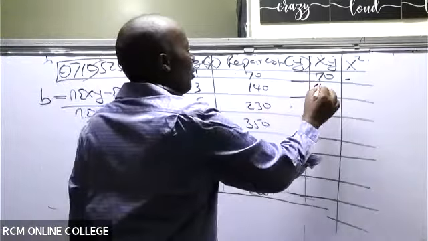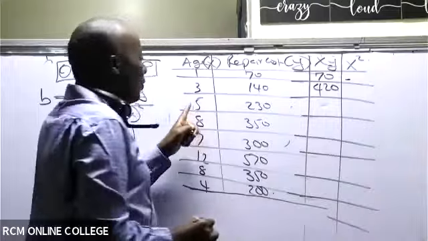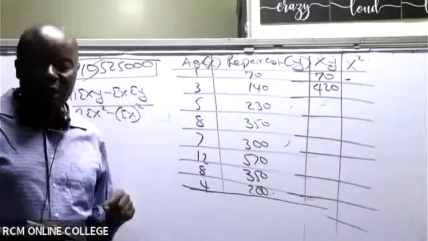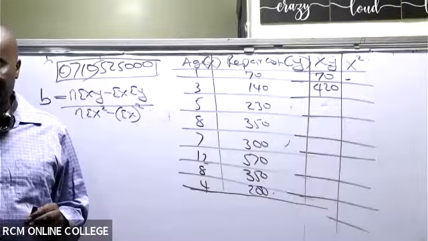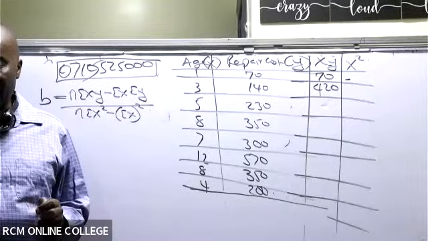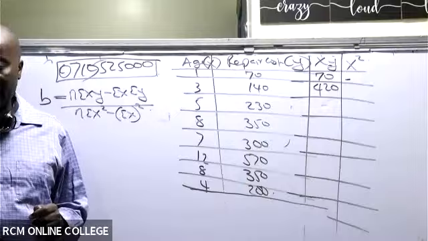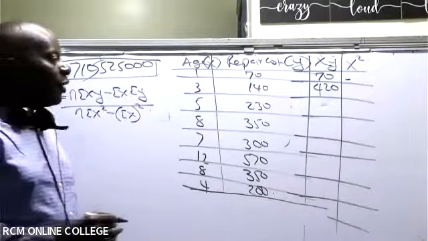Thank you so much. And then we have here 5 times 230. Somebody? 1,150. Thank you very much, Laura.